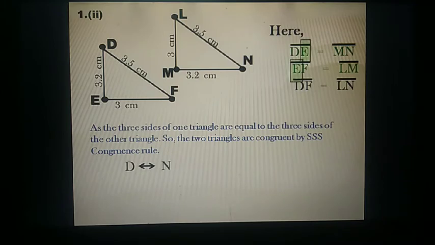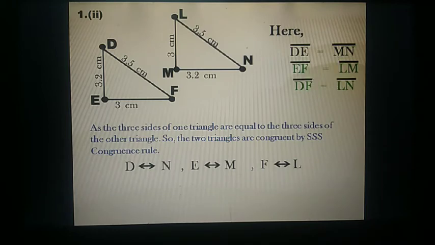Common on the left hand side, common on the right hand side. So the corresponding pair is E and M. Next we have to relate F, that is present in the second and the third line. F is common and here L is common. So F corresponds to L.